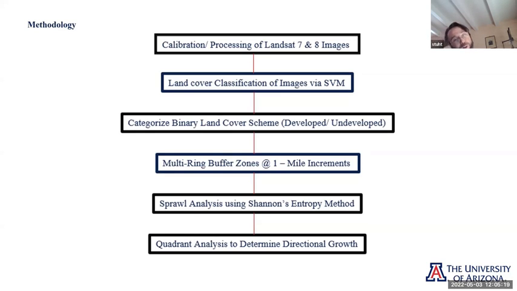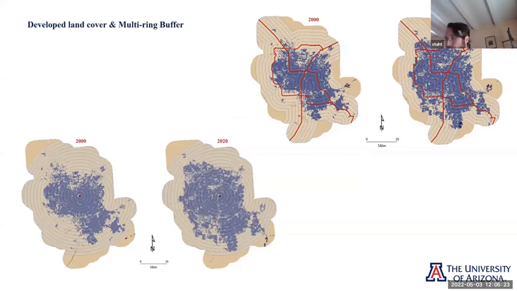Moving on to the second portion, starting with the multi-ring buffer zones. Entropy can utilize zones or regions, thus multi-ring buffers at 1 mile increments using, seen lower left, the concept of concentric zonation, with the city center as the center of the urban core, and upper right, based on the previously mentioned theory that the automobile and highway are major culprits of urbanization.